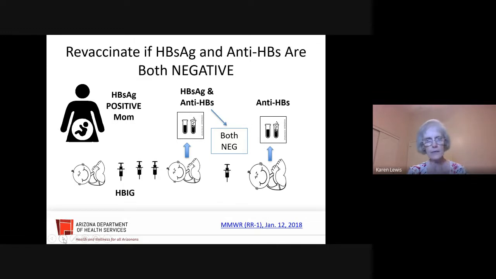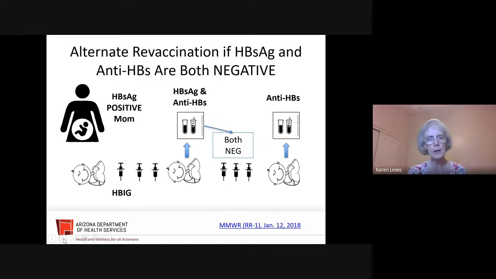If they're antibody positive, that is great. If they're not yet antibody positive, and they're surface antigen negative, you just give 2 more doses and check them. If after 2 series of 3, they don't turn positive, they're felt to be a non-responder. But virtually always, this gives enough antibody for the infant to be protected.